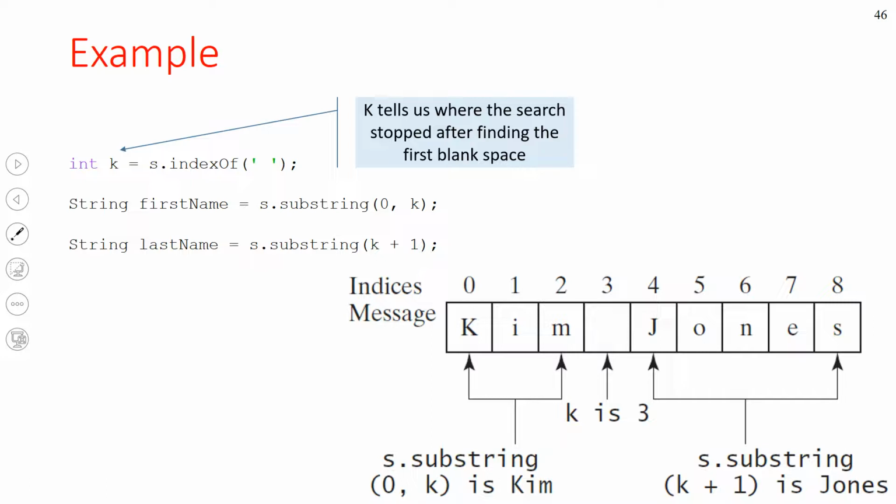I want to start here; if you do k, you get the space. So k + 1, and I use a version of substring that takes only one parameter because I want everything from k + 1 to the end of the string. So it's very easy in Java to manipulate strings. There are languages that make it even easier, but this is already pretty good.